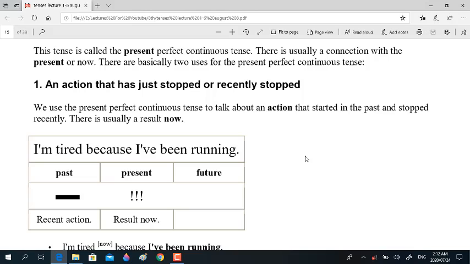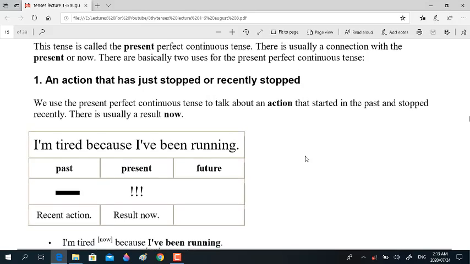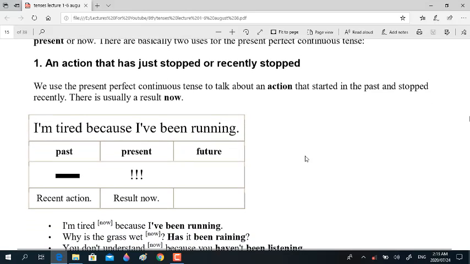We use the present perfect continuous tense to talk about an action that started in the past and stopped recently. There is usually a result now. Just as in the example, he was perspiring or he was breathing fast, that is the result of his running. Since he has been running for 2 hours or 3 hours, that is why he looks tired. Look at this example.